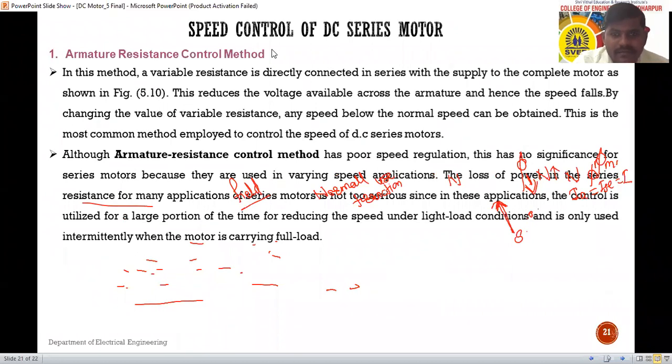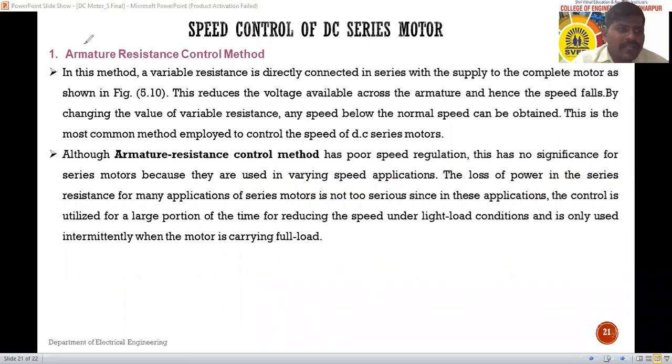Now the last method of speed control is nothing but armature resistance control.